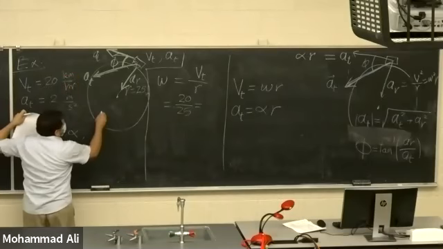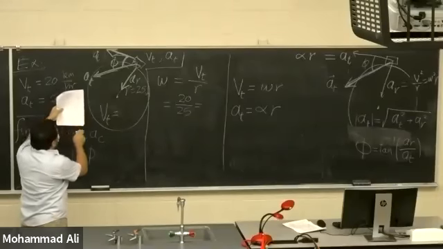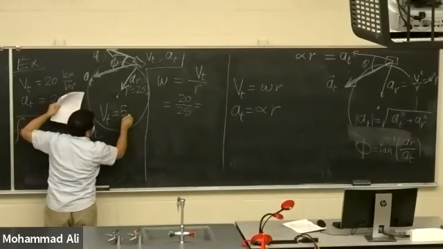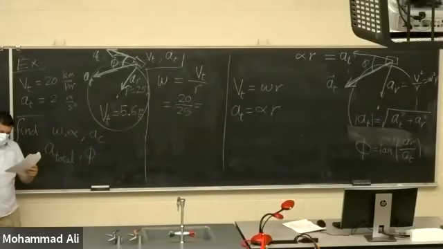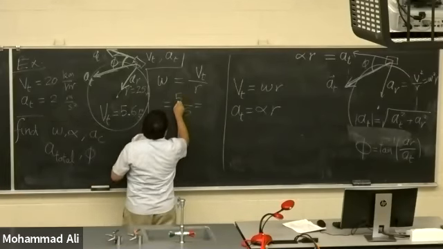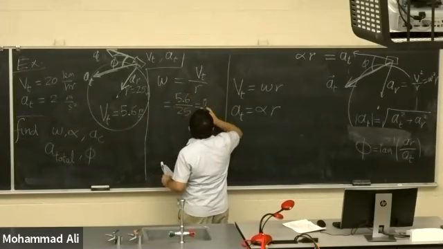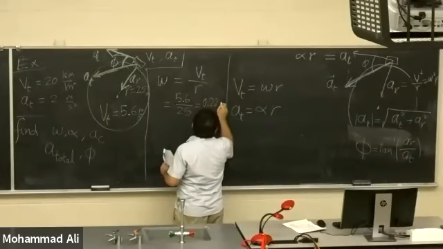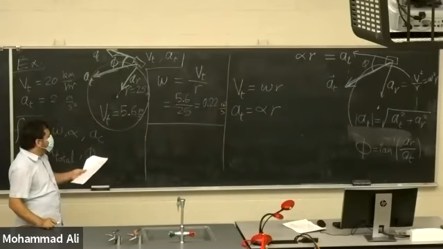V tangential is equal to 5.6 meters per second. Is that clear? I'm sorry for that. 5.6 divided by 25 will be 0.22 radians per second. This is omega.